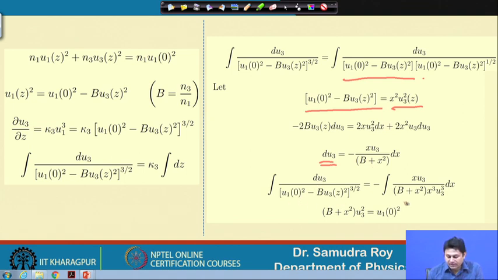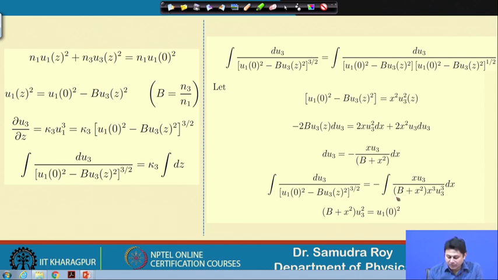In the denominator we have the quantity u1 0 square minus b u3 square to the power half, which is nothing but x cube u3 cube, because of the 3 by 2 power.